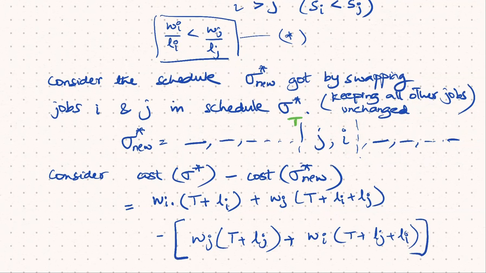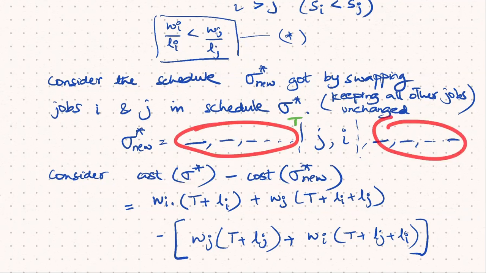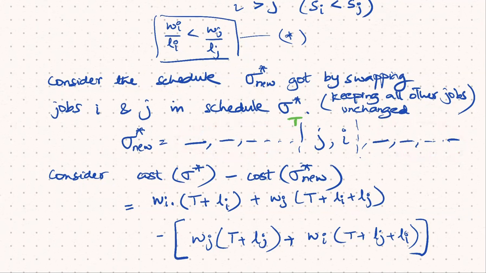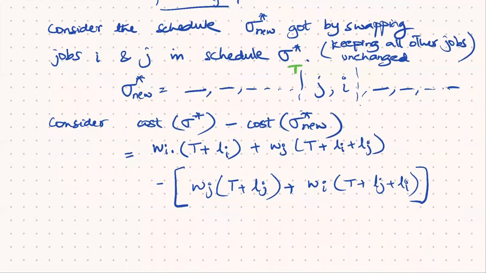This is what will remain in this expression. Everything else we have said will cancel out. So there are only these two terms that remain. I'll let you simplify this, and what basically remains is L_i W_j minus L_j W_i.